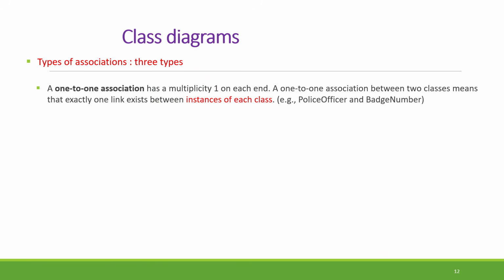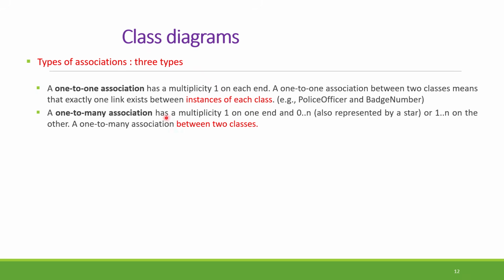One-to-one association, where multiplicity 1 is mentioned on each end of the association, where there is a link between the instances of each class. Then there is a one-to-many association, with multiplicity 1 on one end and 0 to n, or 1 to n, on the other end. But there is connectivity between two different classes.